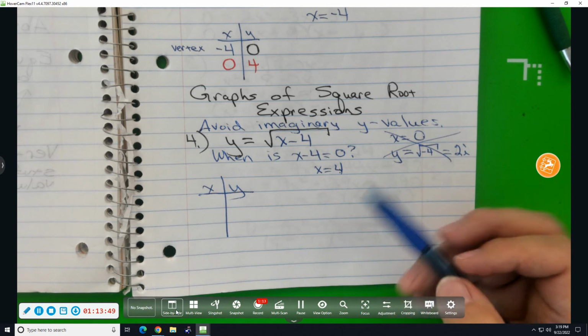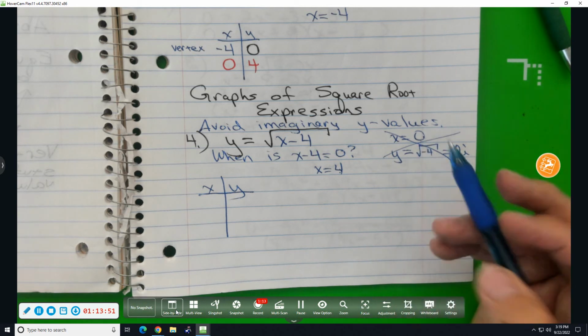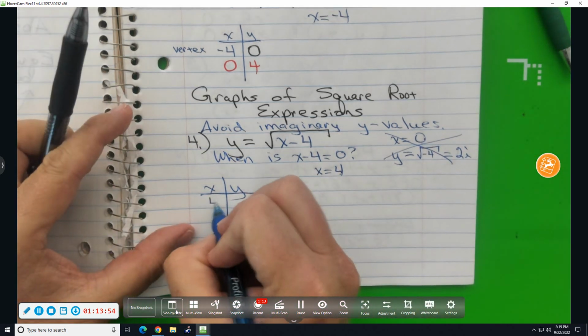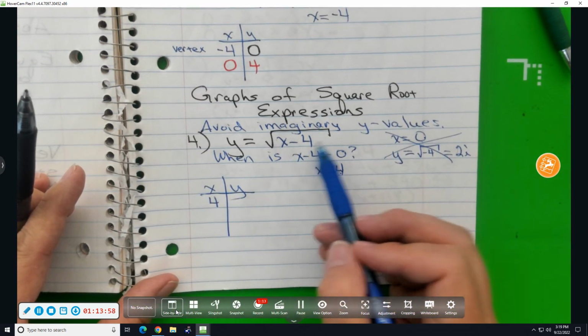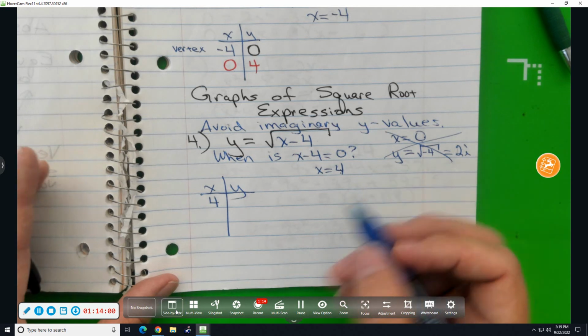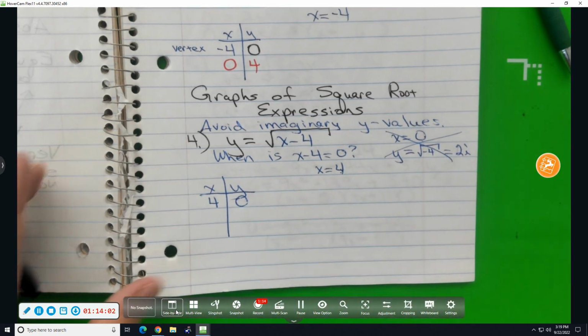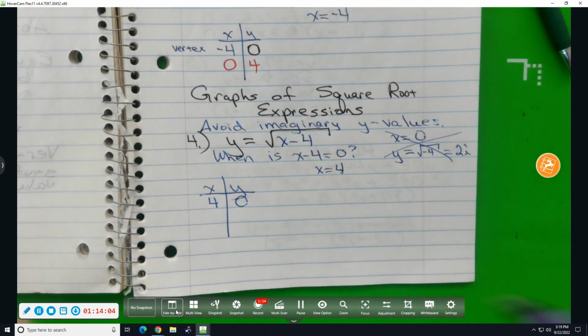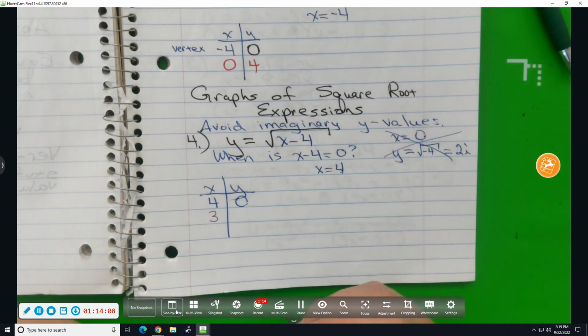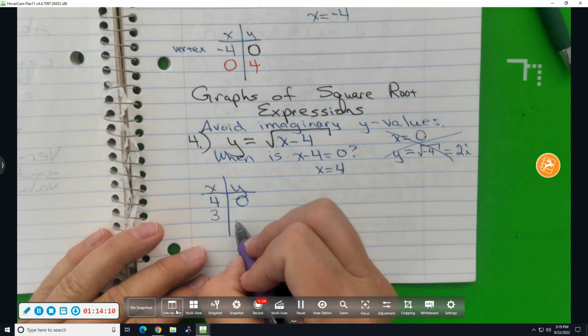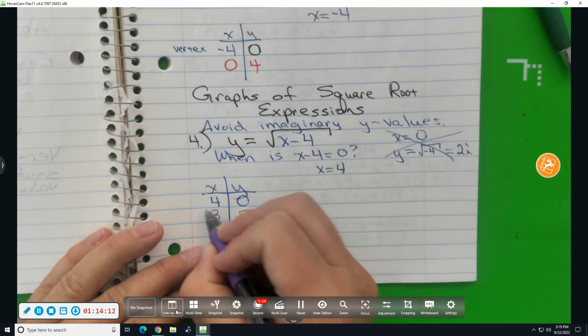I think we already know based on 0. We can plug in a 4 for x, and that's going to give us a y value of 0. Okay. Suppose we tried to plug in a 3. 3 minus 4 is negative 1, which we can't do. That's imaginary.